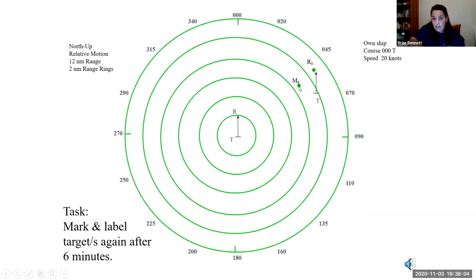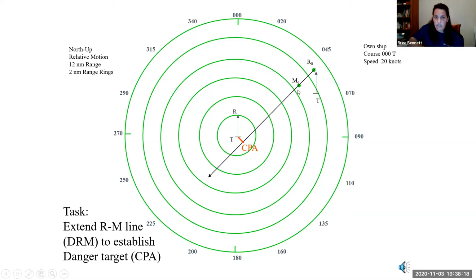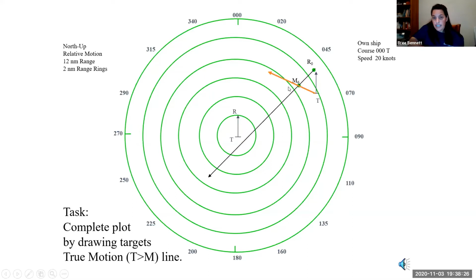Then 6 minutes later, our blip moved, and we can plot that and call it M. So now we have E, R, and M, and now we have a triangle. We can connect all these lines and create vectors. We draw a big line from R to M, and we get our CPA. We draw our E to M, which is them, and we get the target's true course and speed.